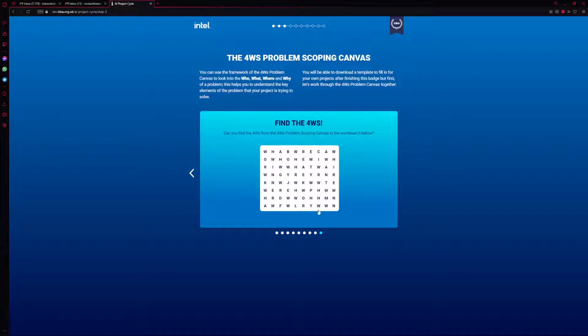So would it be like the word farmer or something? Or would it be Napa? That's a good question. I don't know. This doesn't really help. This is a bad question. Can you find the 4Ws from the 4Ws problem scoping canvas in the word search below? It doesn't really make any sense at all.